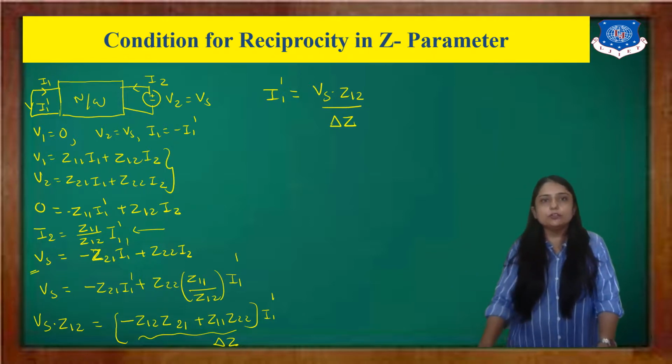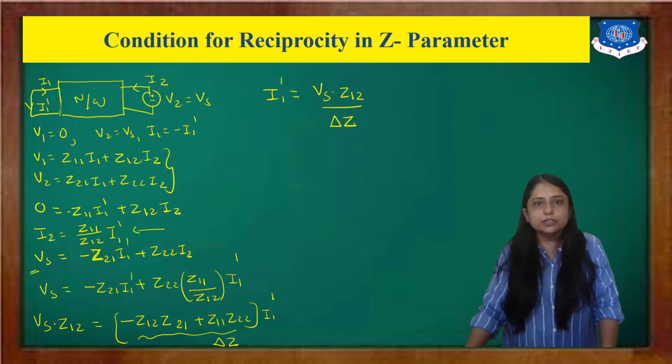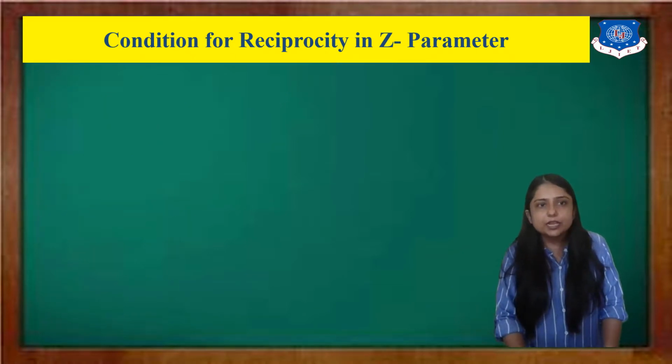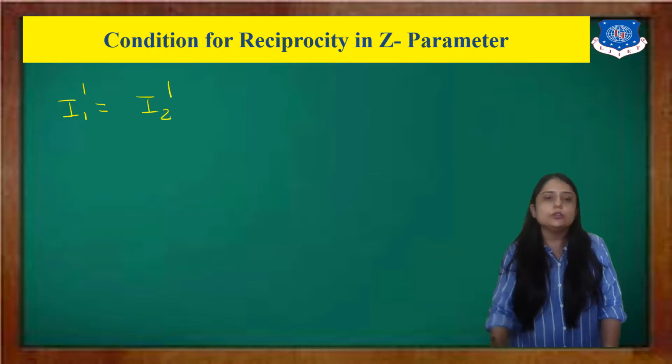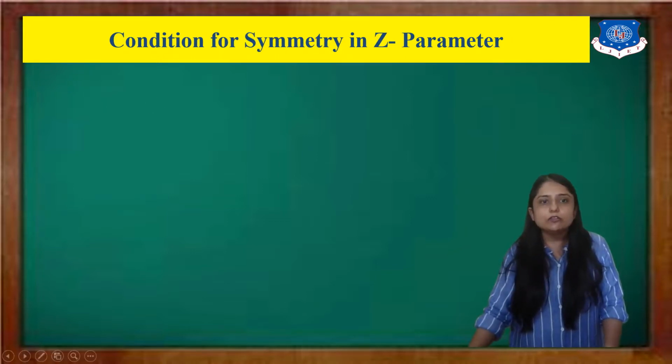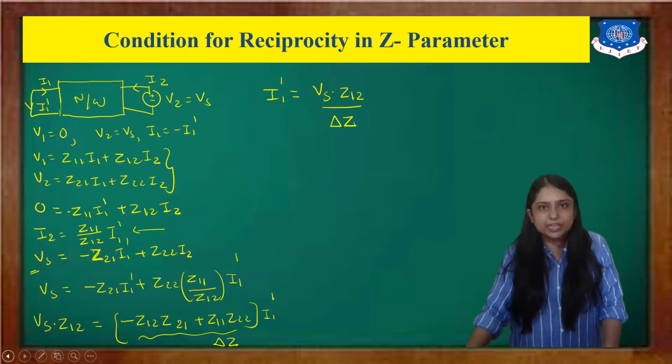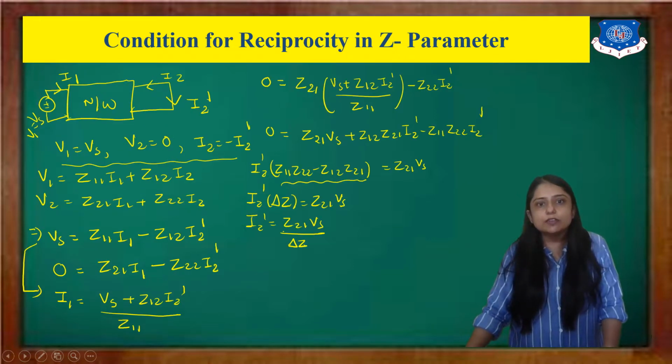Now we want to find out the condition for reciprocity in Z parameter. So what I have to equate is I1 dash equal to I2 dash. And what is the value of I1 dash? That is Vs into Z12 upon delta Z. And what is the value of I2 dash?